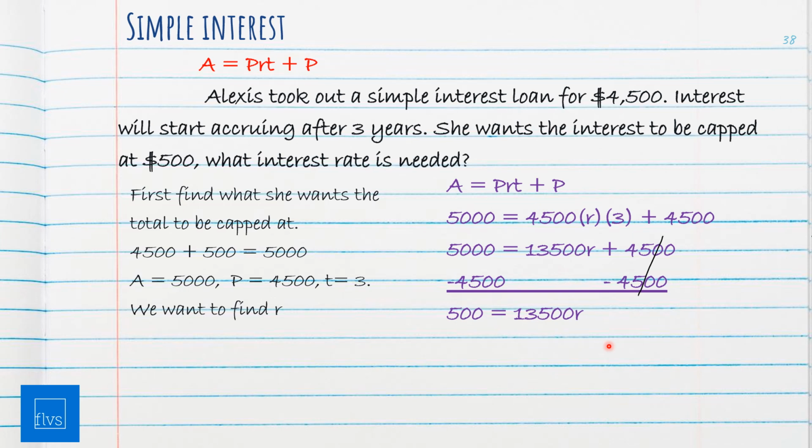So now remember, you divide what's multiplied by R. So 13,500 is multiplied by R, so that's what we're going to divide. So divide both sides by 13,500. On the right side, they cancel out.